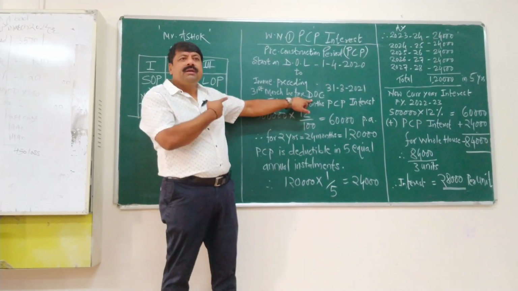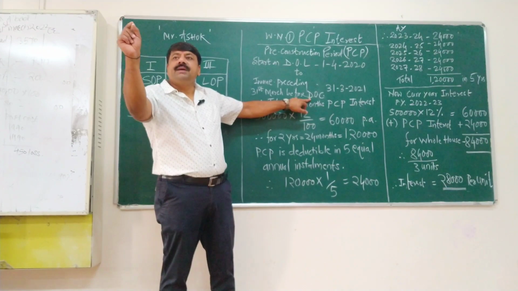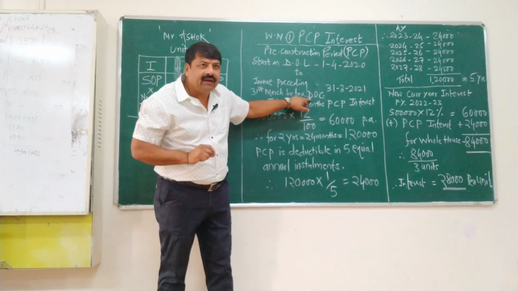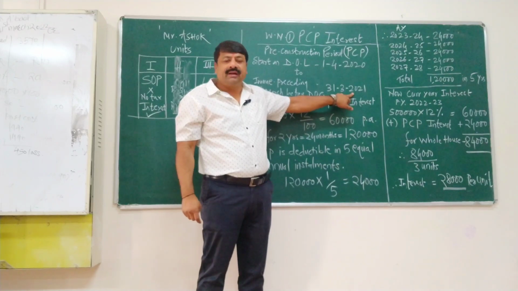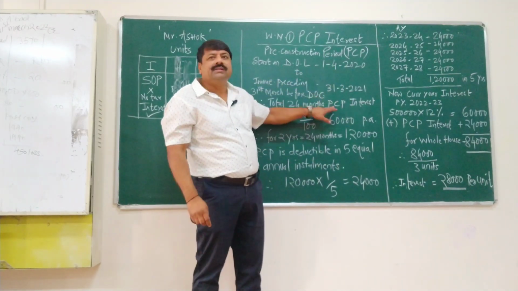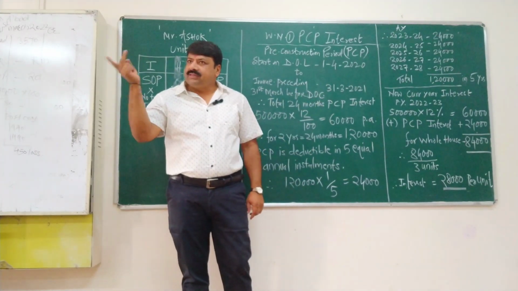DOC means date of completion of construction. So date of completion is what? 21st April 2021. Before that 31st March is 2021. So this period is 12 months, 1 year. Pre-construction period. He wants deduction.